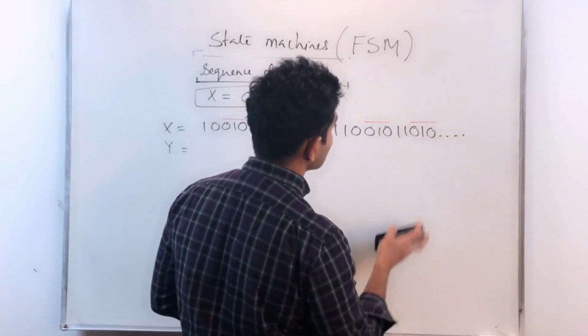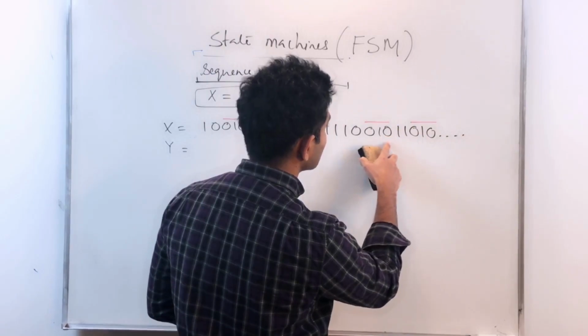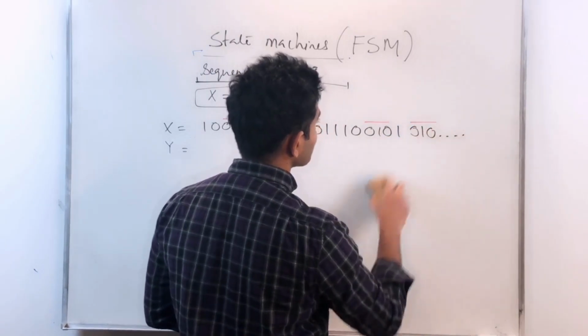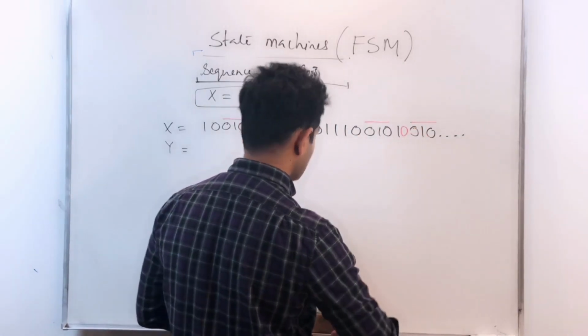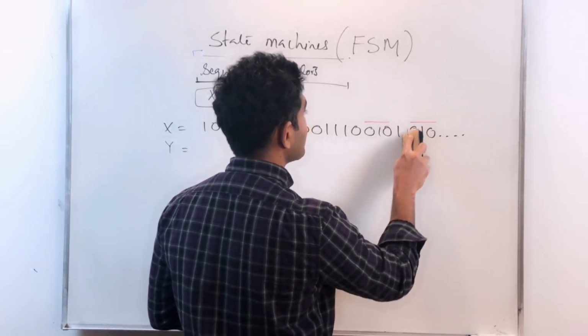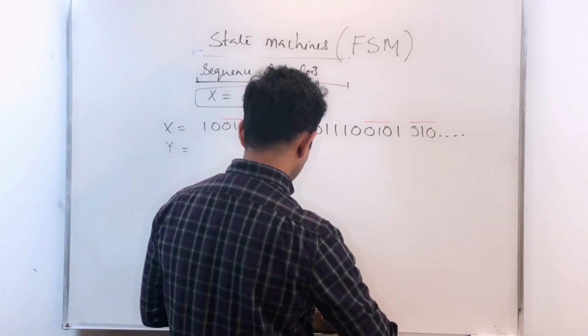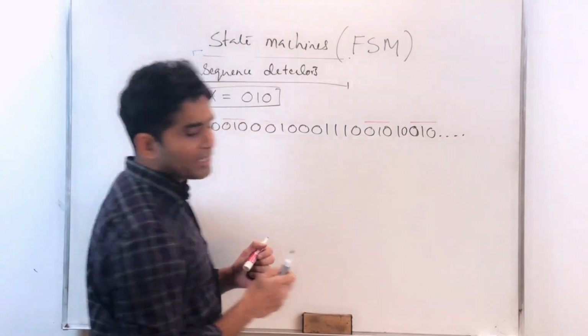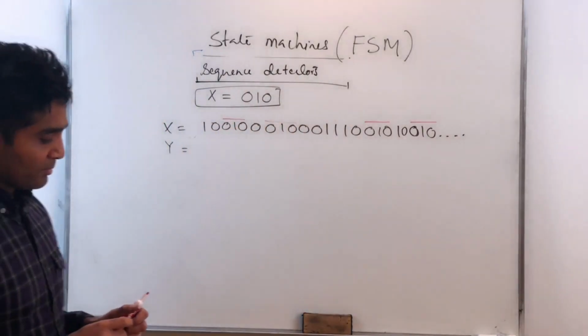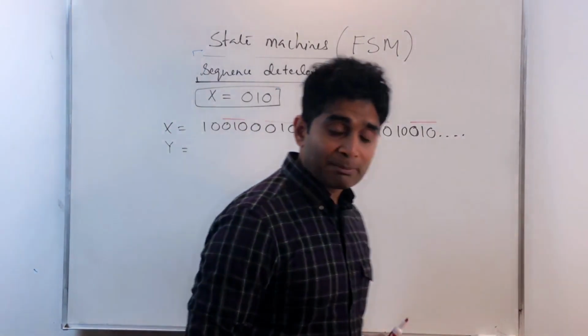And of course, let's assume that this is 0. Oh, it's the same. Because I may have overlapping sequences also, right? Depending on how you specify, sometimes I would like to identify overlapping sequences as well.